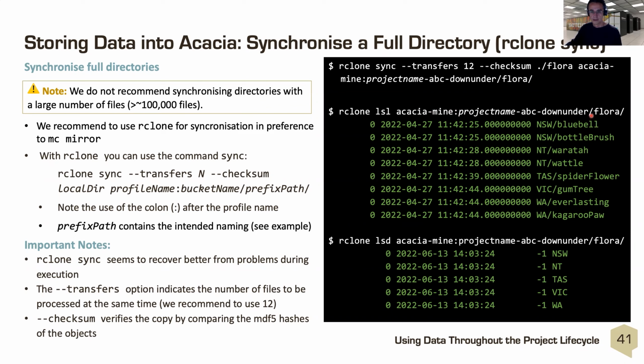So this lists the objects that are below this prefix in the bucket indicated. So as you can see, it shows different, still part of the prefix, and then the name of the object.